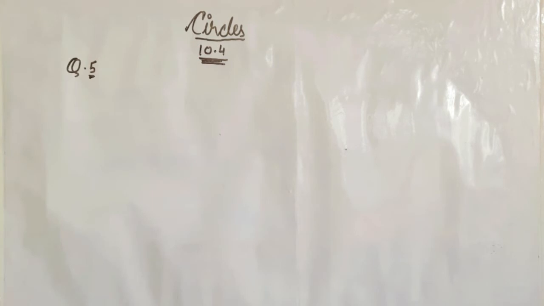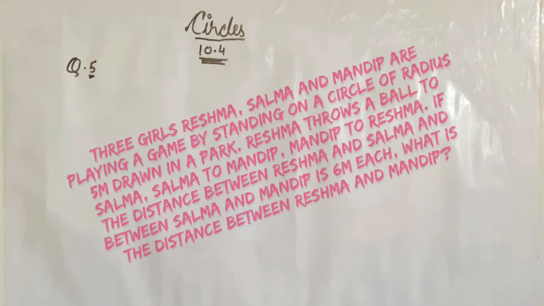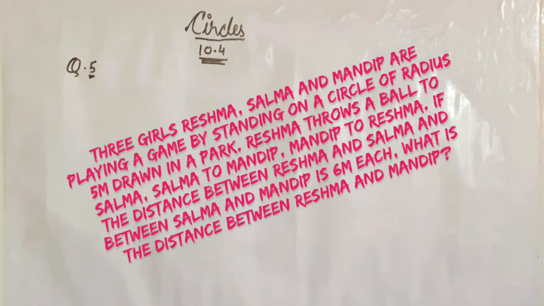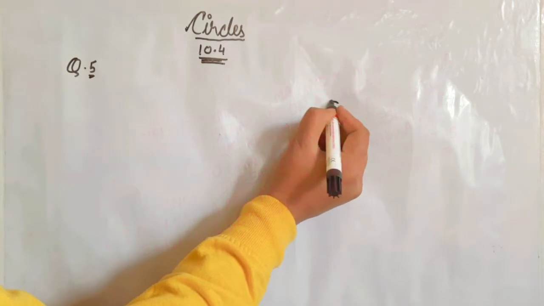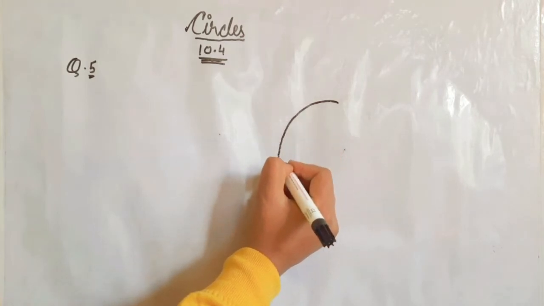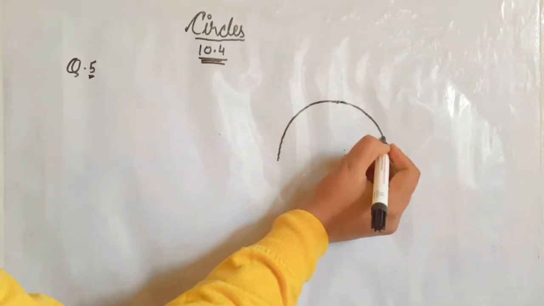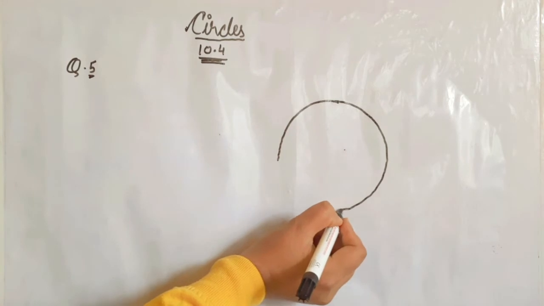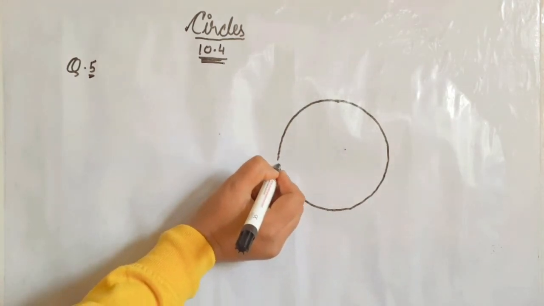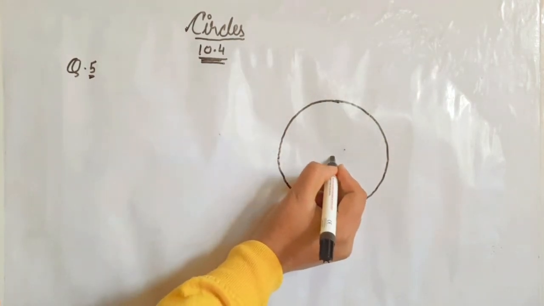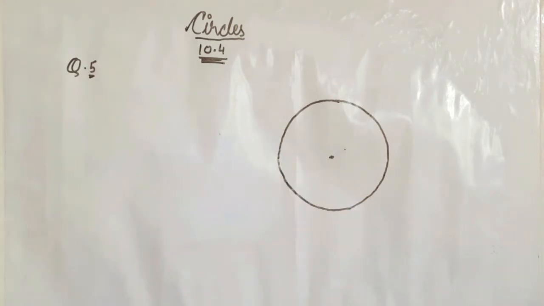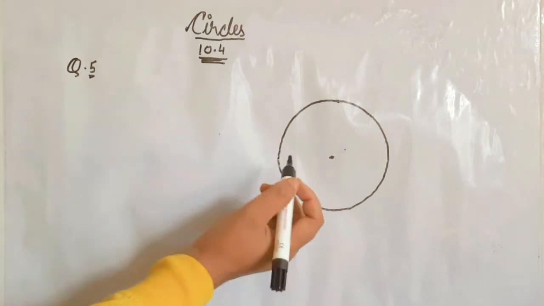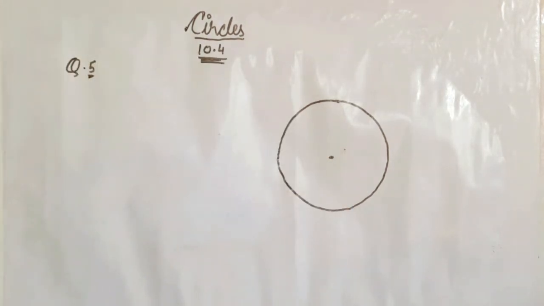Three girls, Reshma, Salma and Mandeep, are playing a game by standing on a circle of radius 5 meter. Means what is given in the question? We are given a circle of radius 5 meters. Then three girls are playing a game by standing on the boundary of this circle.